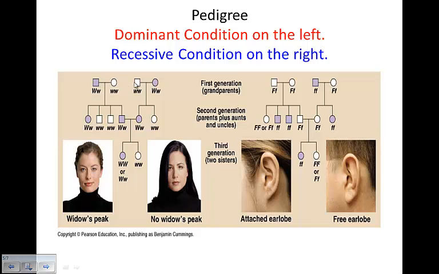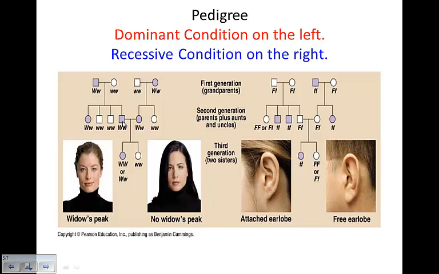If it's open like this, it means they do not have that trait. All right. And so then this is dad and mom. And then you come down here, and dad and mom had a girl, a boy, a boy, a boy. And the girl and the boy, two of the children, were affected or had widow's peak, and two of them did not have widow's peak.